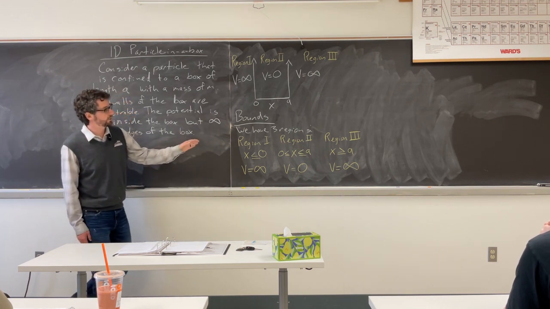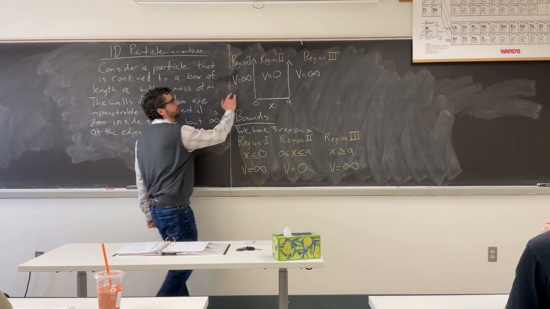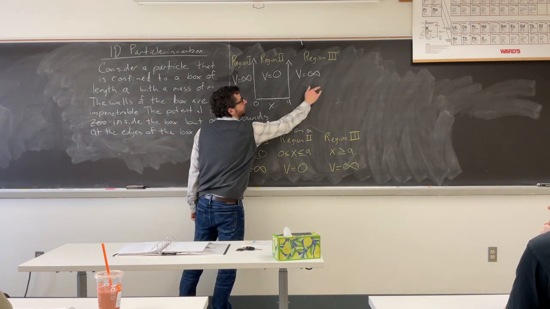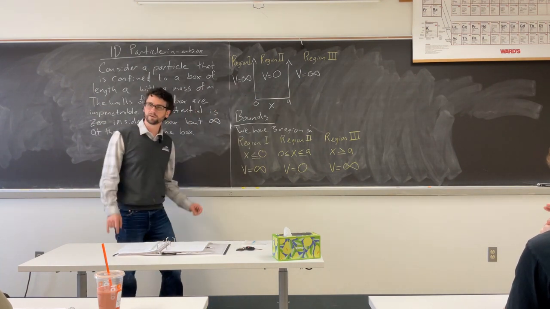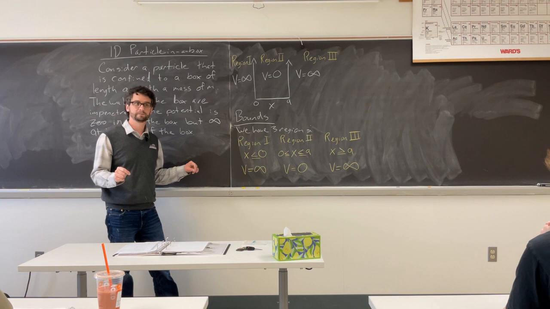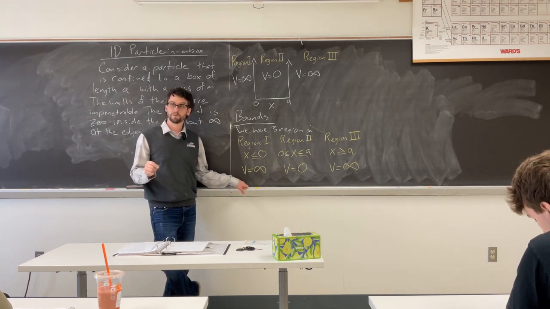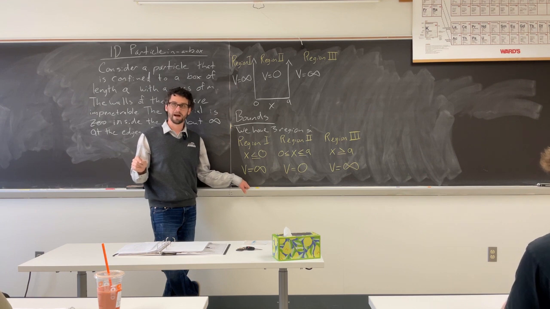After we apply the Schrodinger equation, what we'll find is the particle can't exist here, the particle can't exist here. If the particle doesn't exist at those spots, what does the wave function have to be equal to? 0.